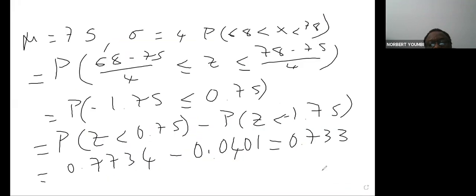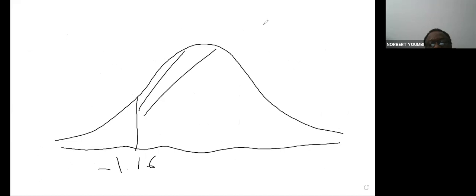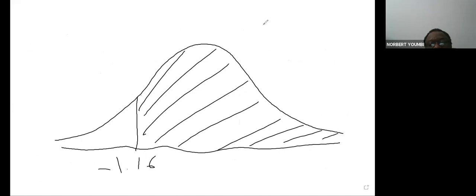What I'm saying is, we have here negative 1.16, and we are asked to find the area to the right of negative 1.16. From the standard table, this area is 0.123. So the area to the right is 1 minus that, which is 1 minus 0.123 equals 0.877.